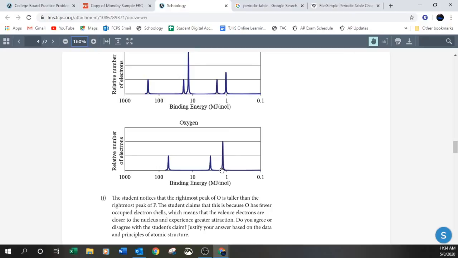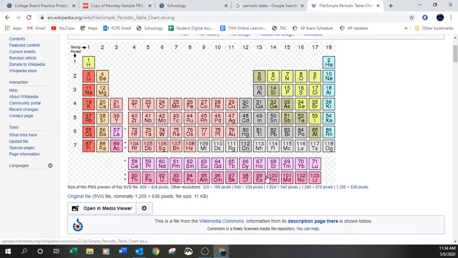Alright, so further along the group, again, location, I think I said this before we went on break, but location is not justification. Alright, location is not justification. You can't simply look at a periodic table and say this one's further down or further to the left, further to the right, and say that that has some meaning. So you cannot say phosphorus is further to the left, therefore the peak is lower.